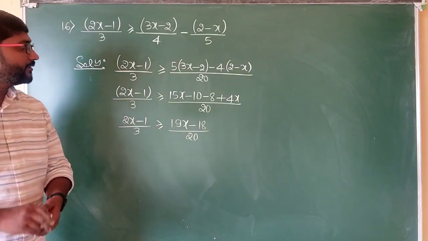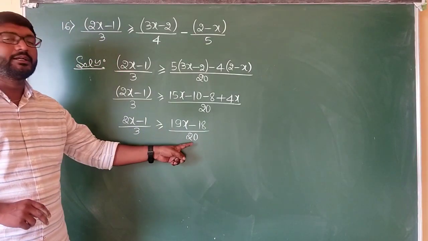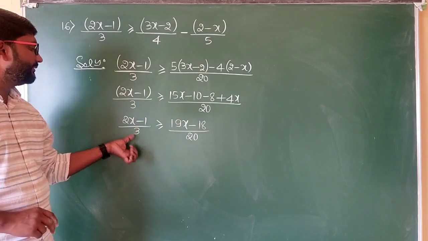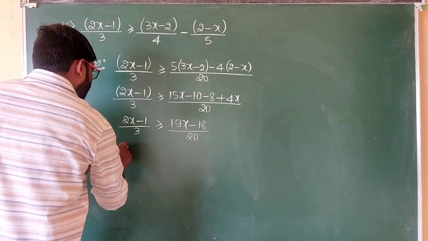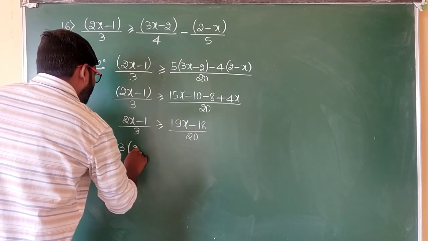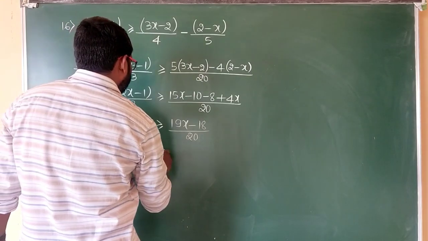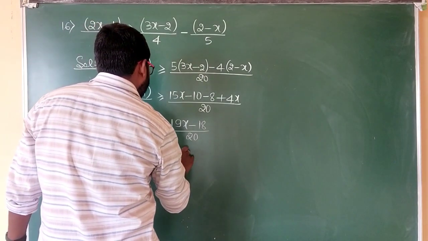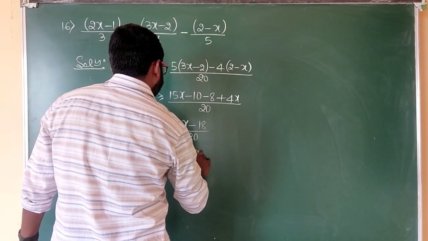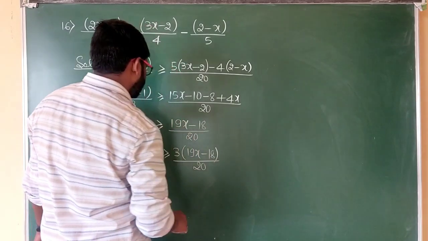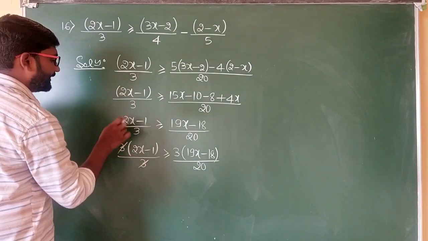Now we will have to eliminate 3 and 20. Both sides we need to multiply by 3 so that 3 will be eliminated. So 3 times (2x − 1)/3 greater than or equal to 3 times (19x − 18)/20. Here 3 and 3 get cancelled.